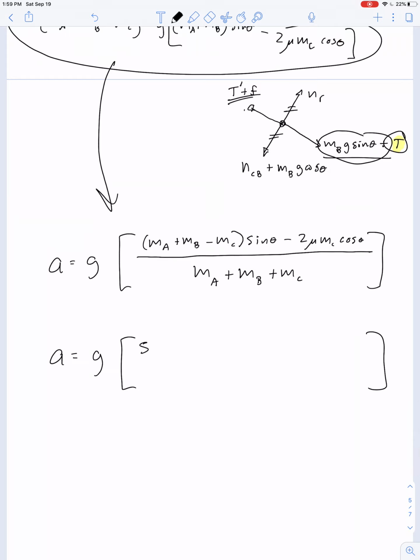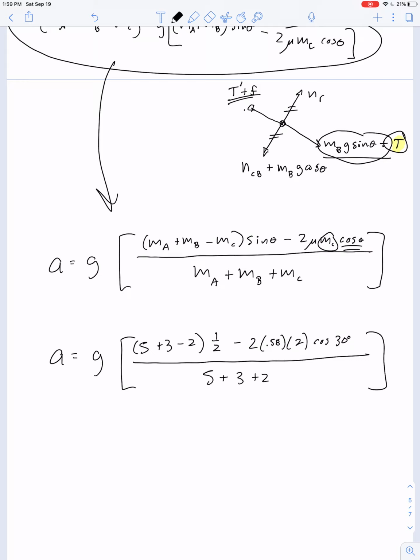So this is 5 plus 3 minus 2 times sine of 30, which is 1/2, minus 2 times 0.58 times 2 cosine of 30 degrees, all divided by 5 plus 3 plus 2.